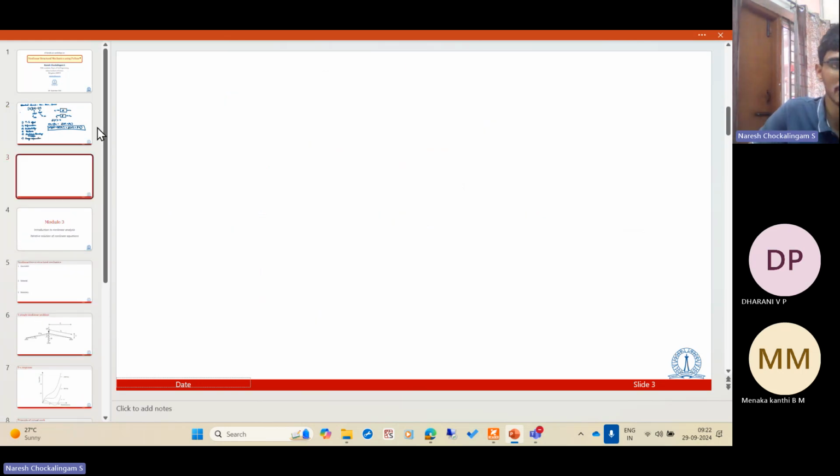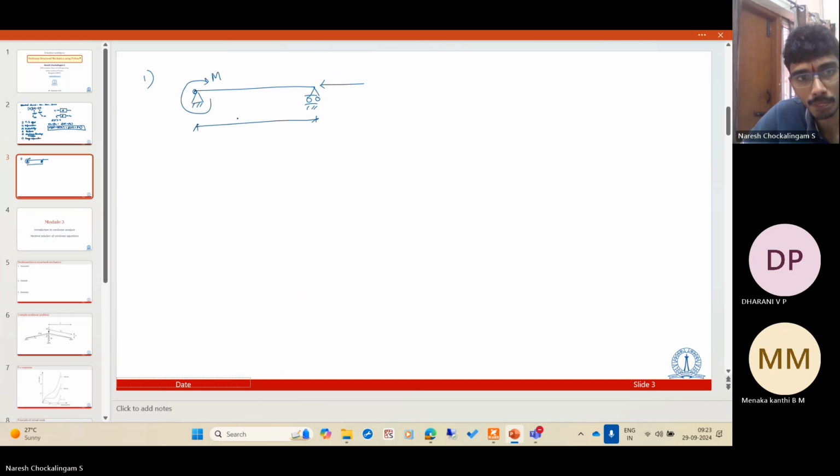So if you see what these are basically, so the first one is P delta effect. That is, you have a member like this. It is simultaneously subjected to some axial force, and it can also have some kind of lateral loading. So that lateral loading can be transmitted as some kind of a moment M. So if the length is L, the force is P, and this moment is some alpha PL.